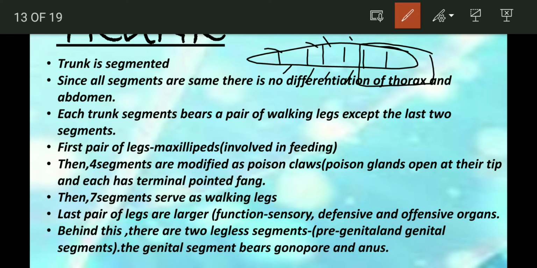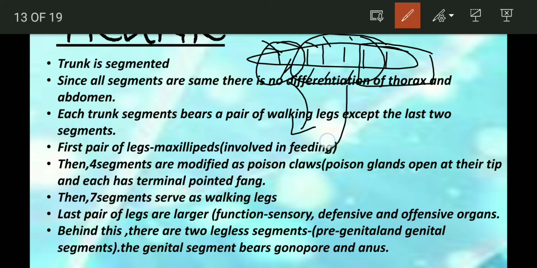The first pair of legs are called maxillipedes, which are basically involved in feeding. These are the feeding legs. Then the next four are modified as poison claws.